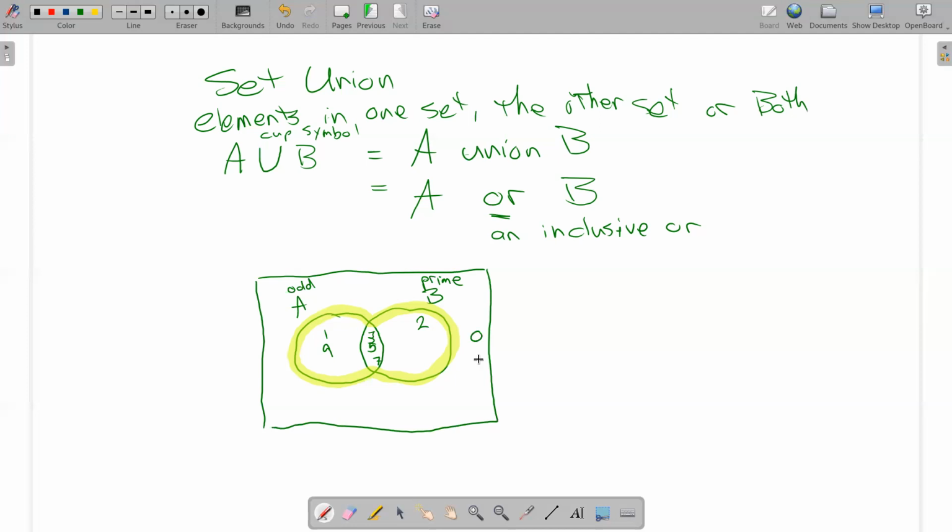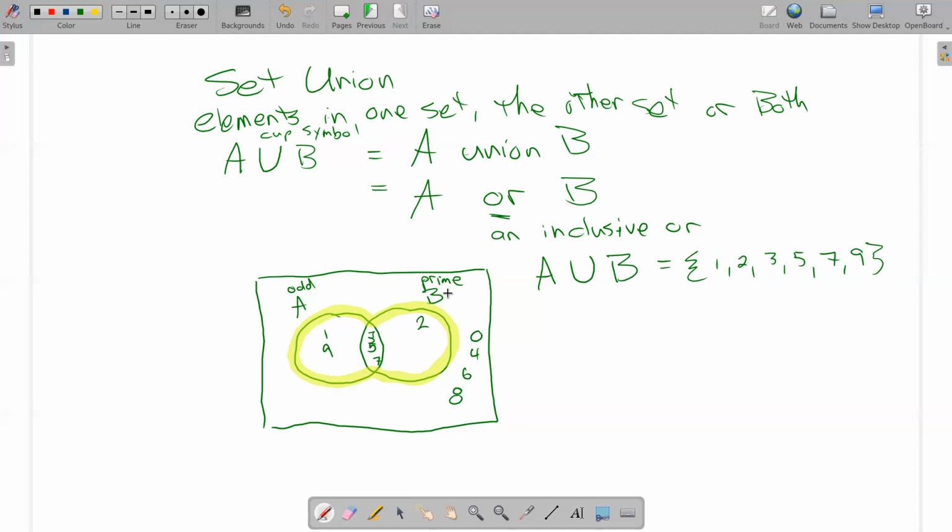And then we had our 0, 4, 6, and 8 sitting out there. So if I wanted to list the elements that were in A union B, A or B, I list them without double counting. So I would say, I'll even put them in order: 1, 2, 3, 5, 7, and 9. So in the union, there's 1, 2, 3, 4, 5, 6 elements.